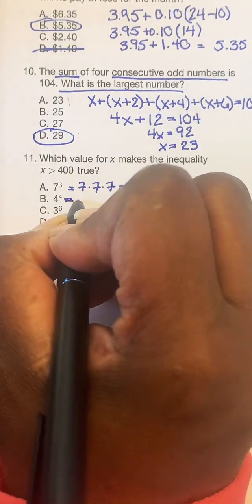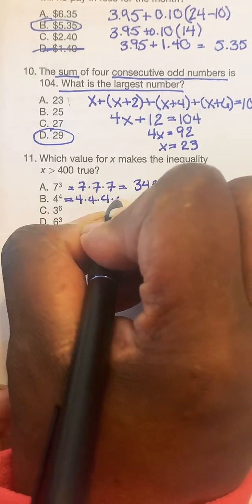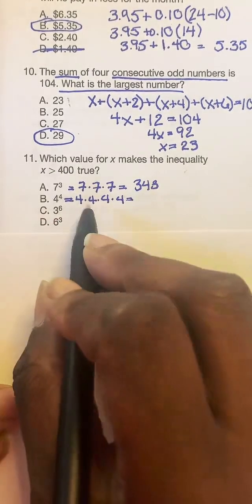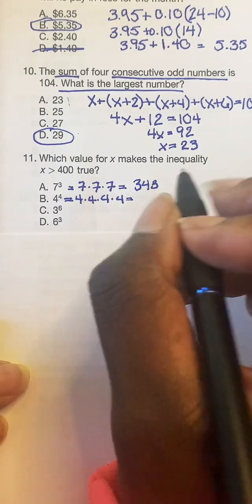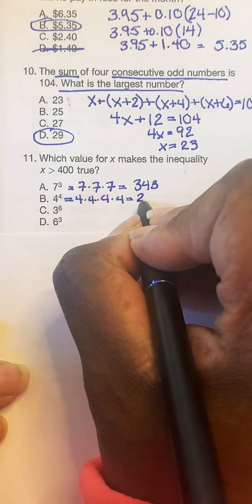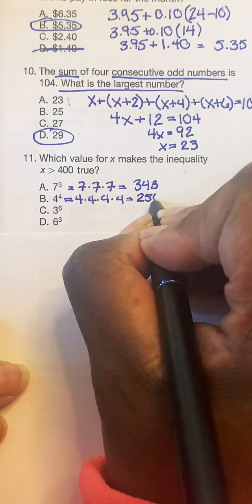Now 4 to the fourth power is 4 times 4 times 4 times 4. I know 4 times 4 is 16, and 16 times 16, that's one of those perfect squares, 256.